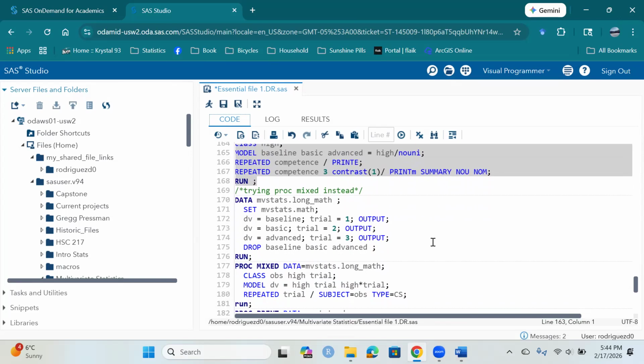However, we can also have data created such that rows can represent different variables, right?